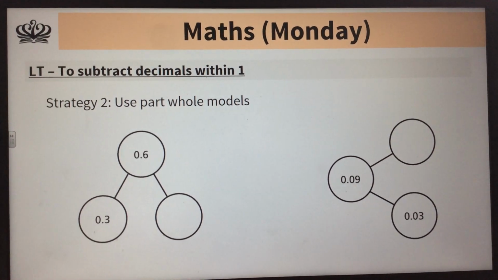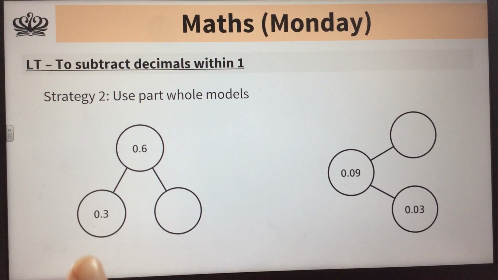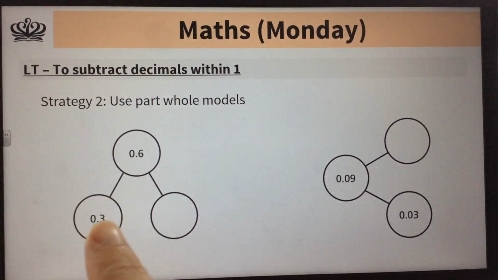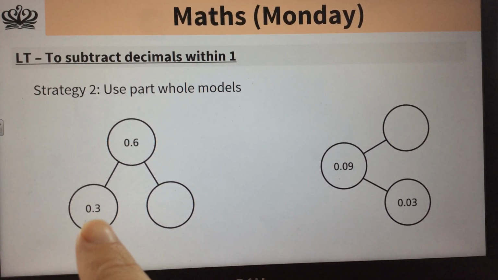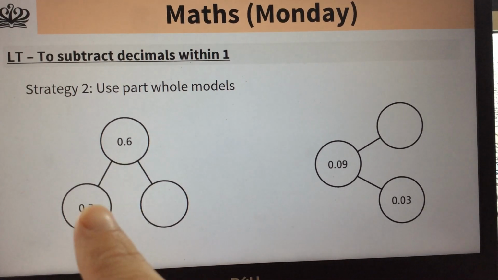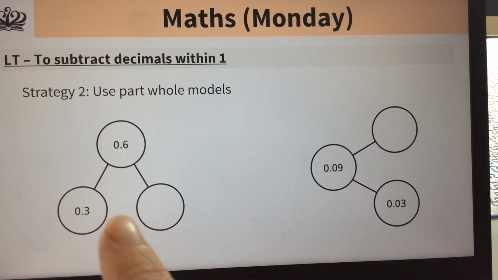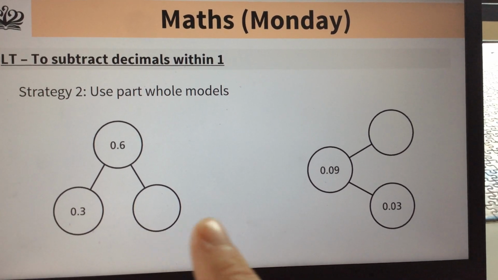Strategy number 2 are those part whole models. Okay, so your 0.6 should be these two numbers added together. So we've got our 0.3 and what will make 0.6. Looking at the other way around, 0.6 take away 0.3 will leave us with this number here.